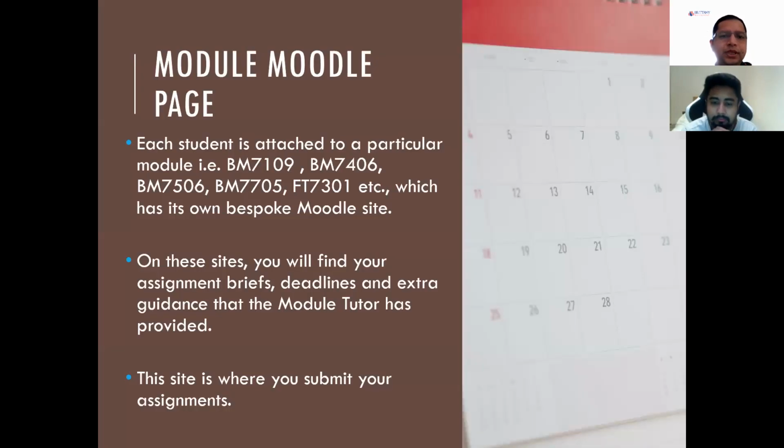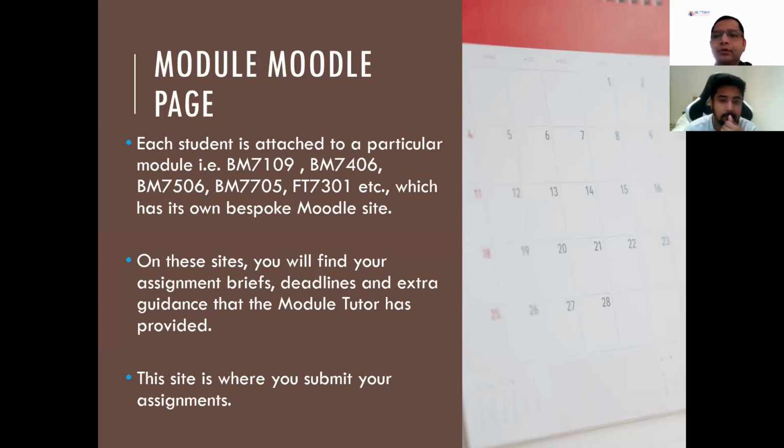Now, the resources, as I mentioned, you will be given access to the student portal and also the module for resources. You can get notes, all types of journals, articles. You will also get your textbook.